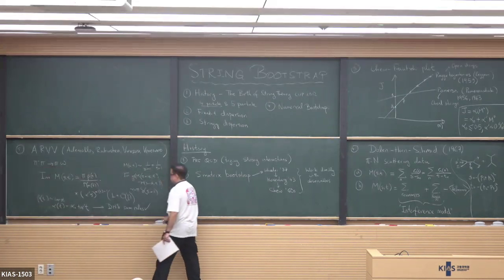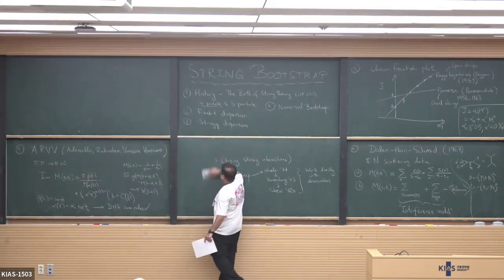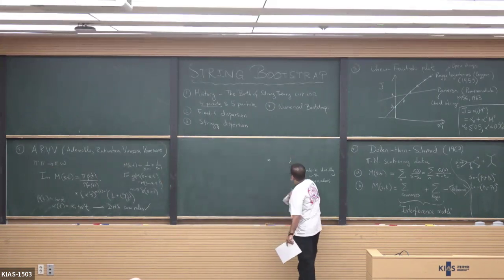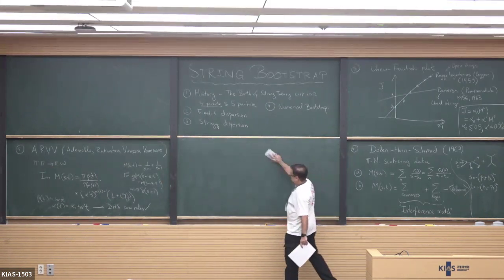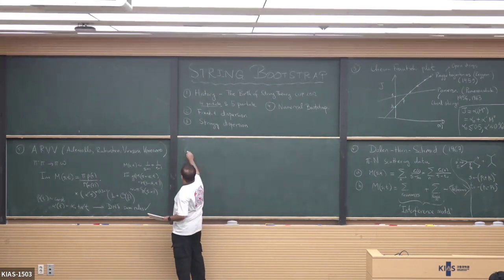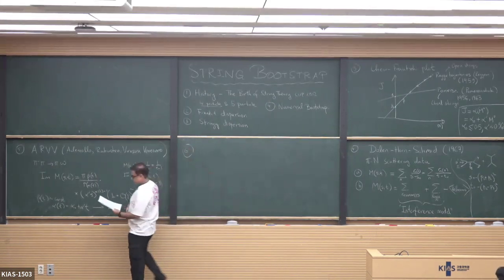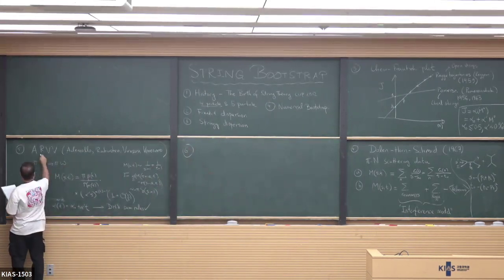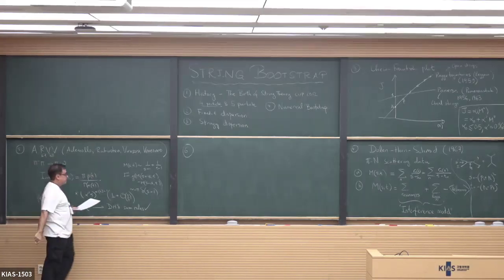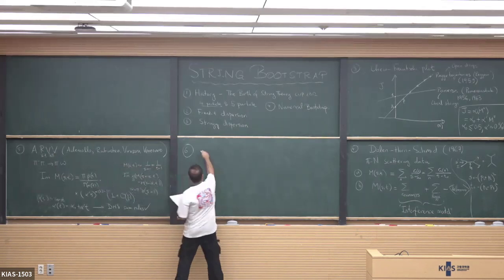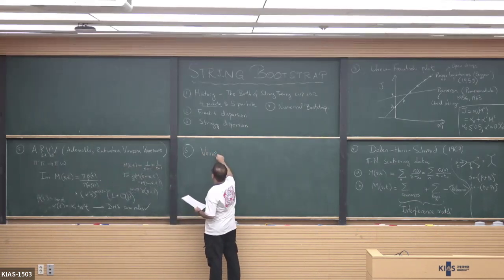And now comes the Veneziano amplitude, which started off string theory. So the question that Veneziano set off to answer, so this time frame is 67, 68, almost soon after the DHS paper came out, and the Veneziano paper came out in 1968.